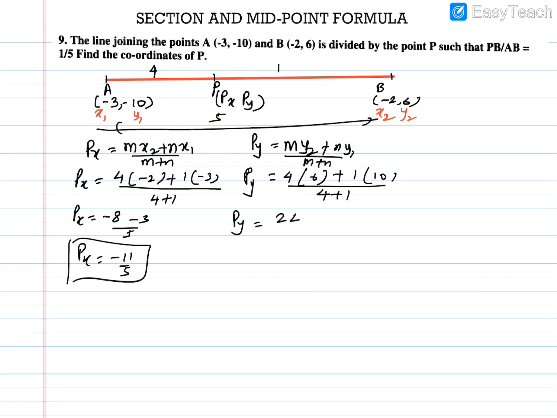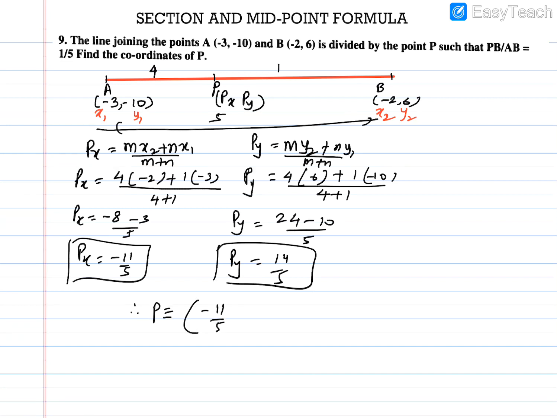This is 24 plus 10, sorry, this is minus 10, so 24 minus 10 upon 5. Py will be 14 upon 5. Therefore, coordinate of P will be minus 11 upon 5 and 14 upon 5.